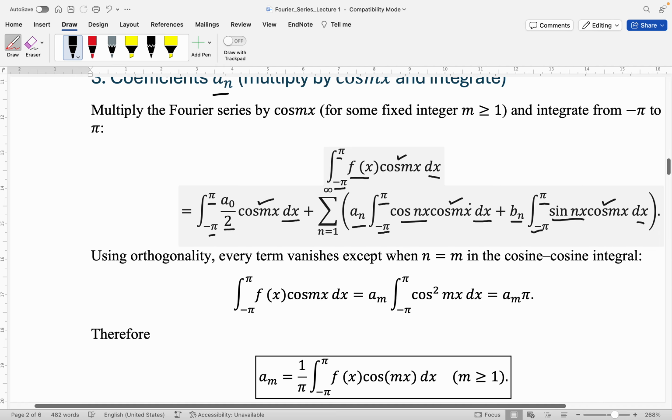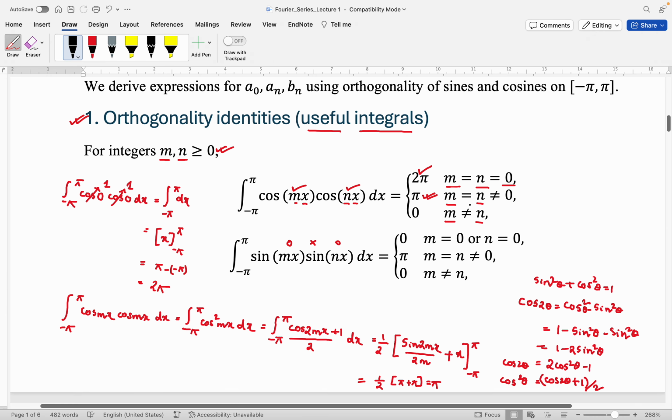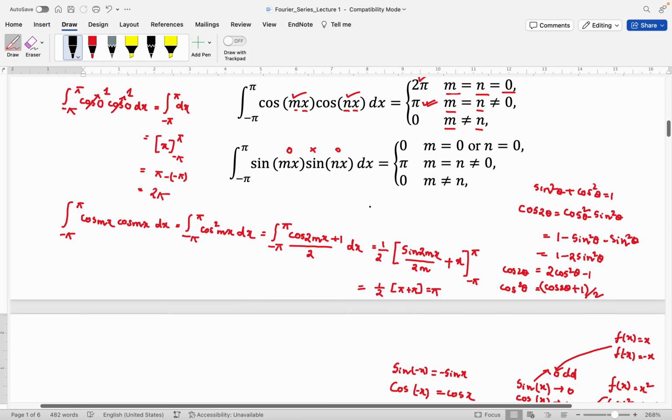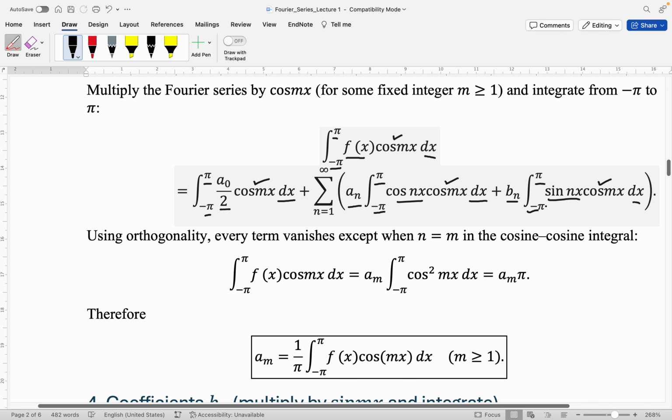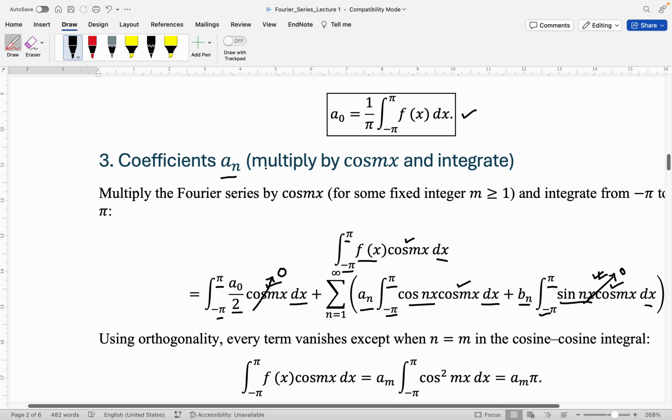Now, whatever we have learnt in the orthogonality theorem, we are going to use it. If both cos and sine are there, then it is 0. There is one term which has both cos and sine, so this straight away becomes 0. I don't have to worry about it. Next, a naught by 2 you can take out, and if you integrate the remaining term, it is also going to become 0. We have seen it here.